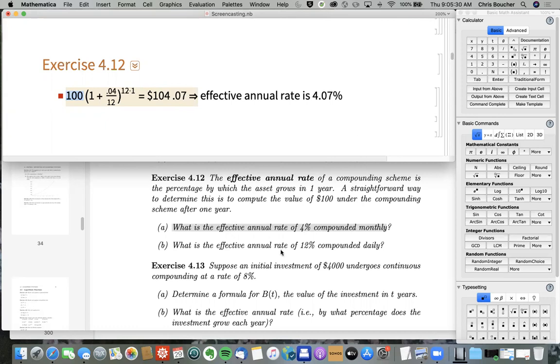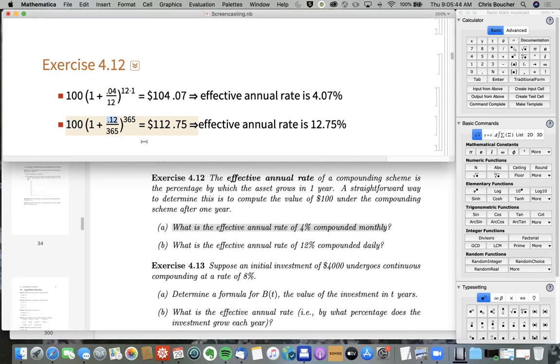So your actual rate of return or effective rate of return is a little bigger than the nominal rate of return. Similarly, for the next one there, the effective annual rate of 12% compounded daily, same idea, invest $100 in this scheme, there's the 100, 0.12, that's the rate, right, that's the 12%. Daily compounding means 365 times per year. I have a times 1 in the exponent there that I don't really need to write.